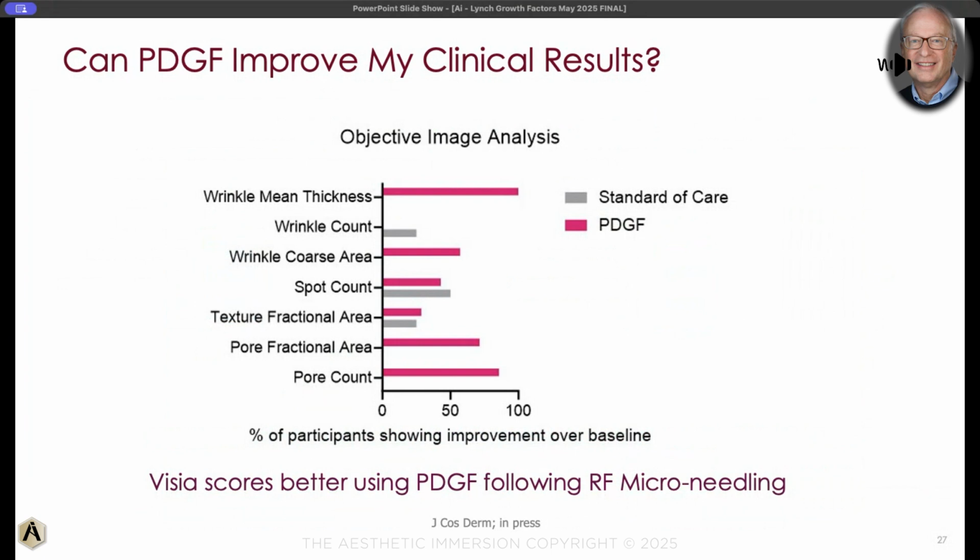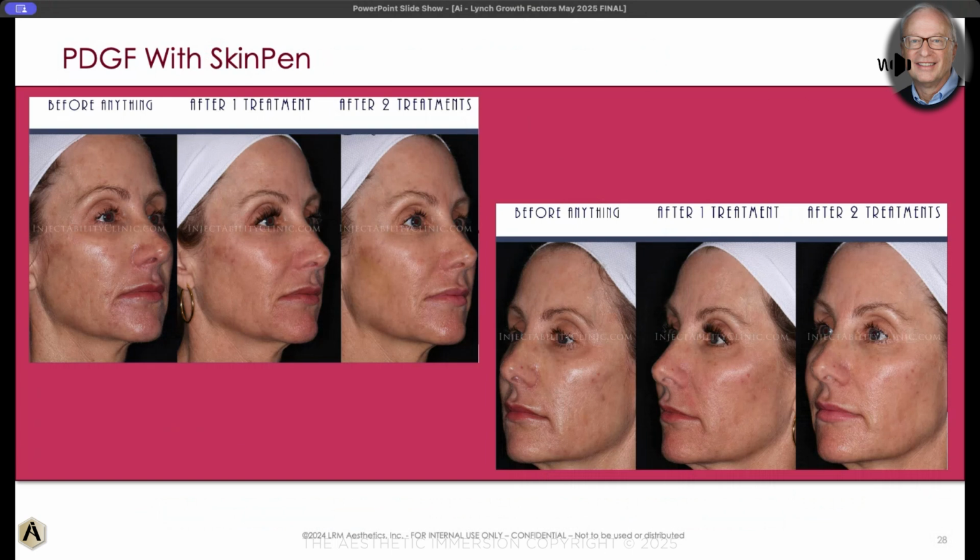Showed the significant improvements in all these different parameters compared to the standard of care in the study, the control in the study. Next. Okay, moving on then, and again, this is a case with PDGF used with microneedling, 1 treatment and then 2 treatments. Next.